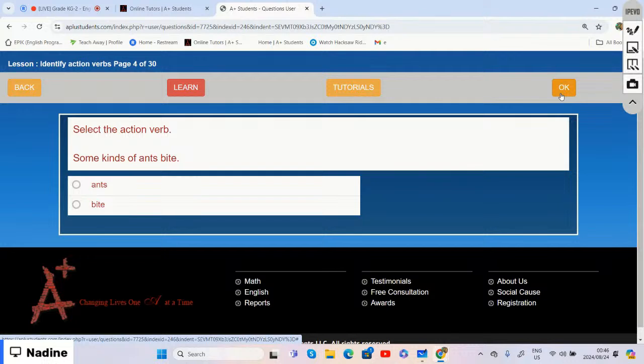All right, so we can say some kinds of ants bite. So bite is our correct answer.